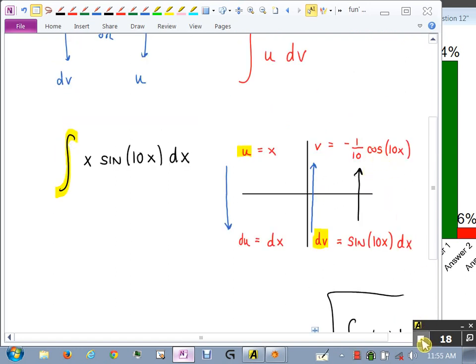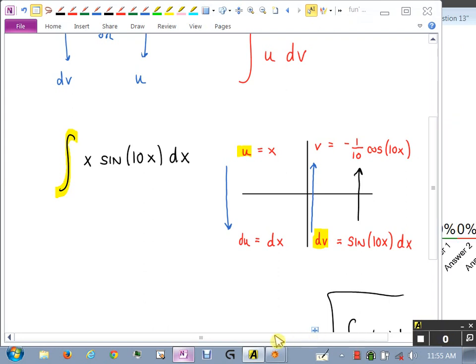Yes or no, real quick? We're not done, right? All I've done is create the table. Now I'm going to actually use the formula. The formula says that this integral should turn into uv, no integral sign, which is u times v.